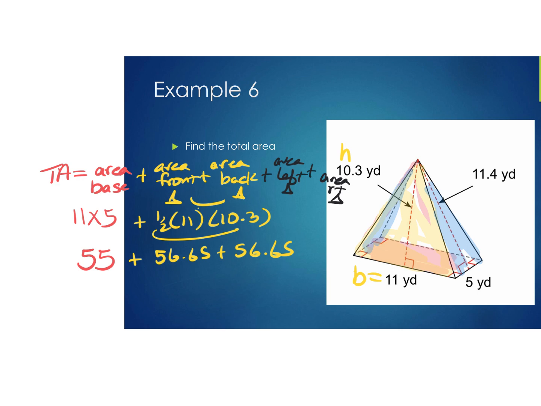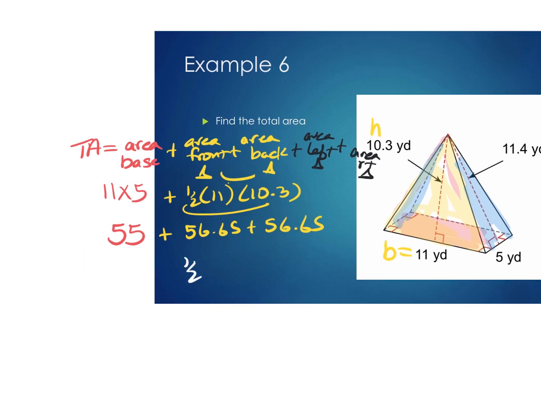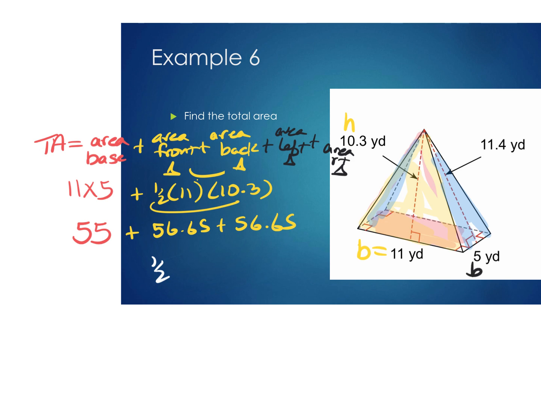So that is going to be 1/2, and its base is 5, and its height is 11.4. So 5 times 11.4, that's for the left and the right.